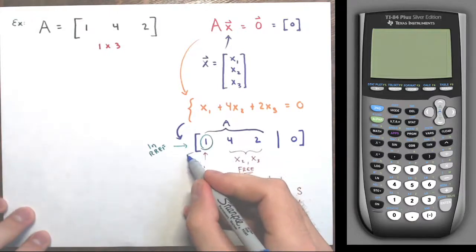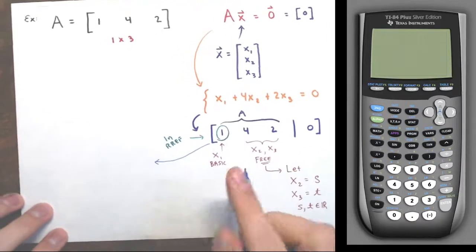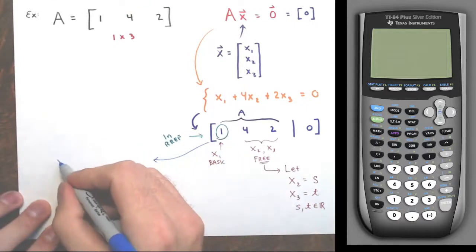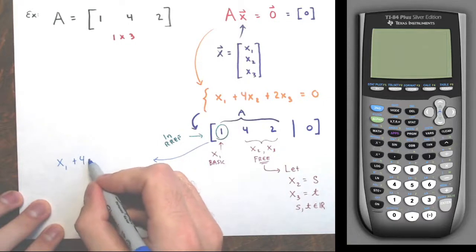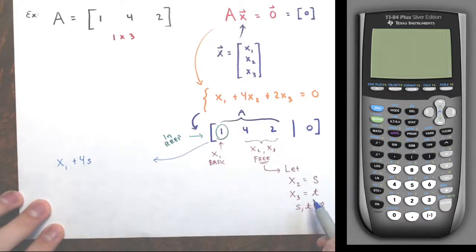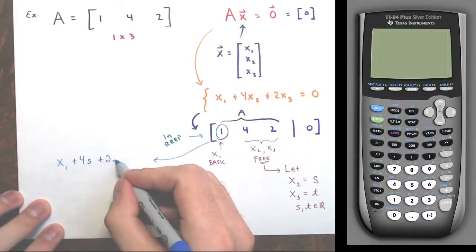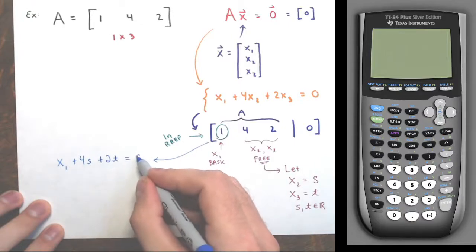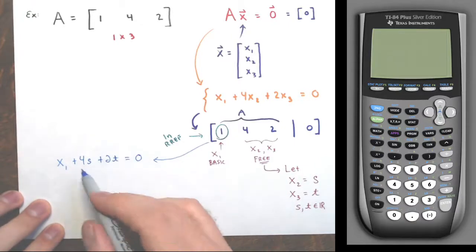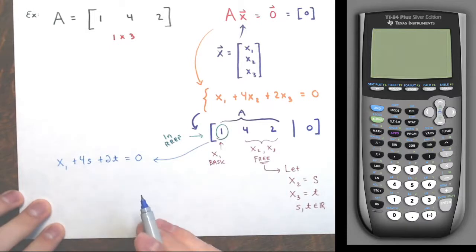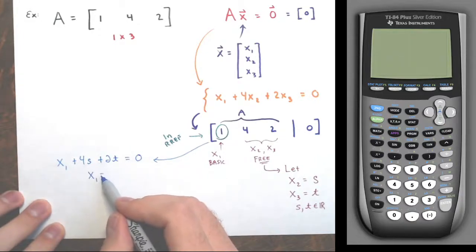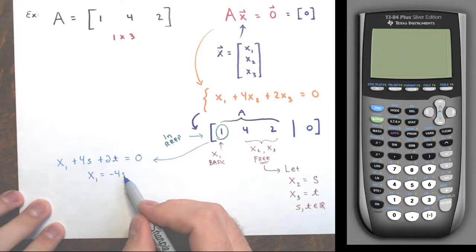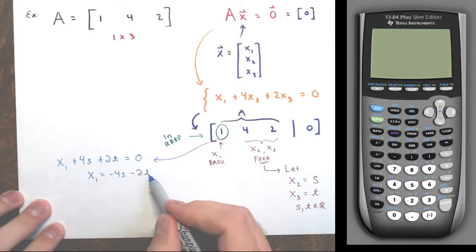All right, then looking at this here, sorry, lots of arrows, I know. This is telling me that x1 plus 4x2, so plus 4s, plus 2x3, so plus 2t, must be equal to 0. Right? And solving this, I want to get every variable in terms of these free variables s and t. Solve this for x1. x1 would be -4s minus 2t. All right.